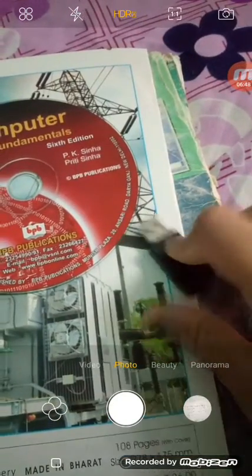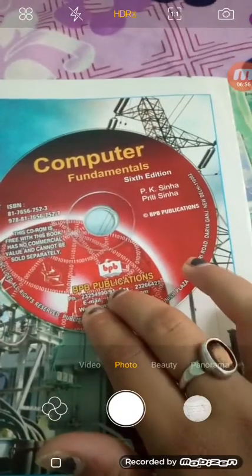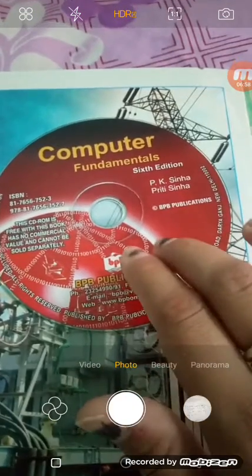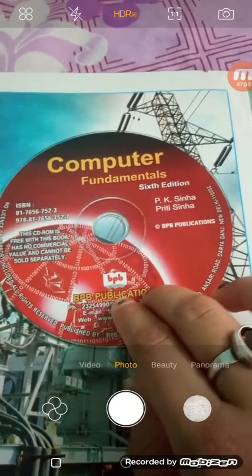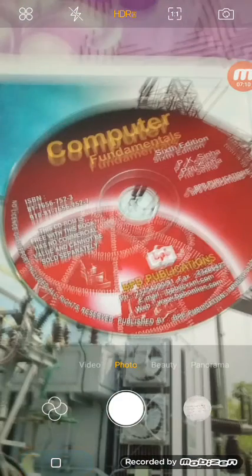This is a CD and this is a pen drive. We have to insert this into the slot for reading the data, and we have to insert this into the CD drive slot which is given in the CPU. So we will insert it there. It looks like this. It is our CD.